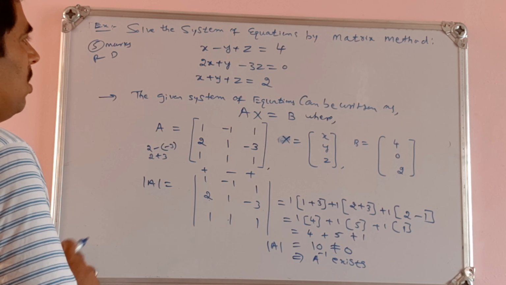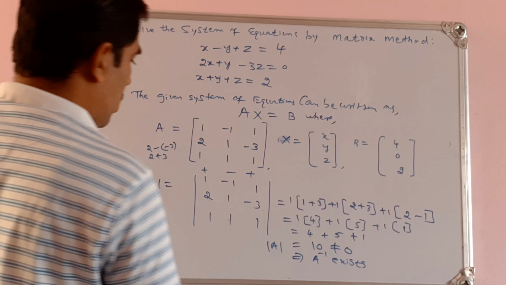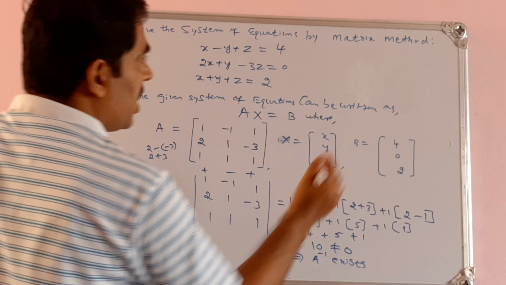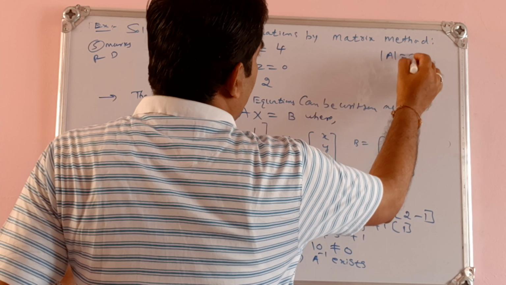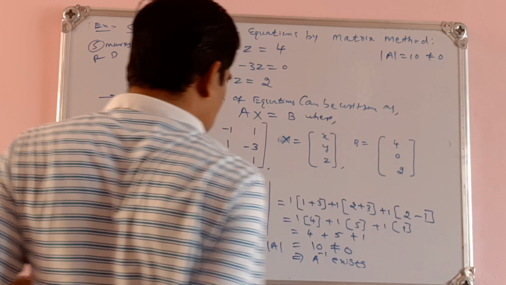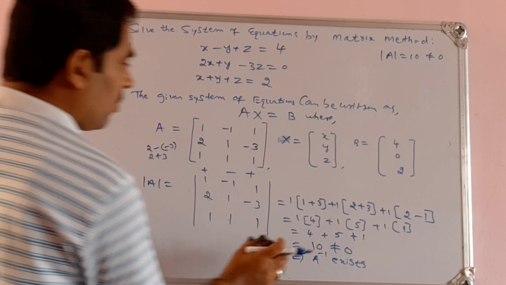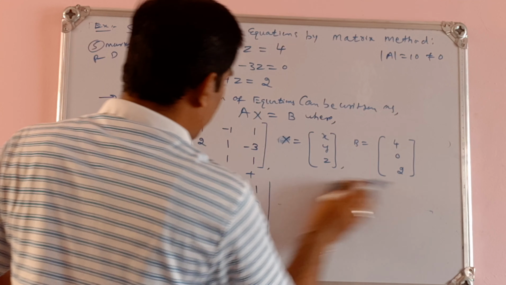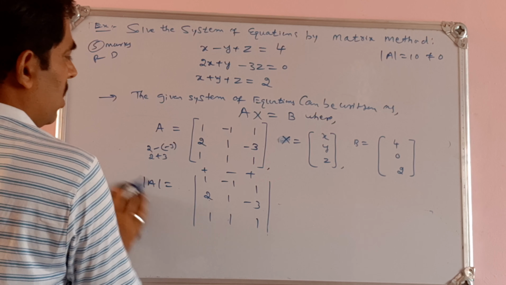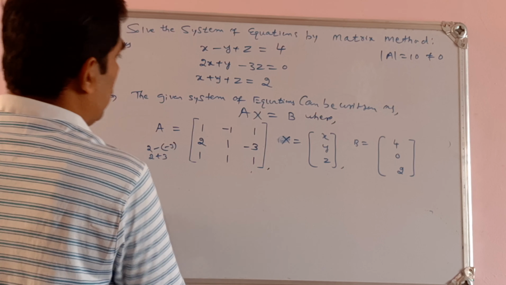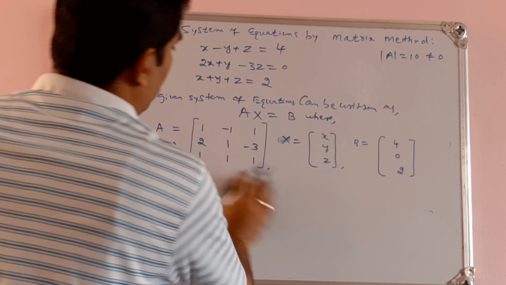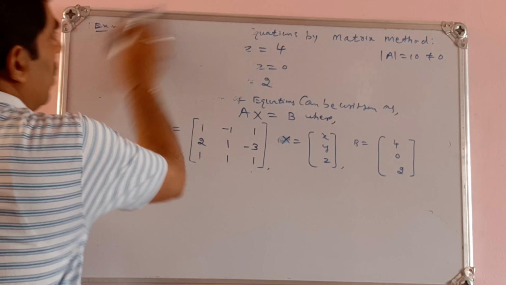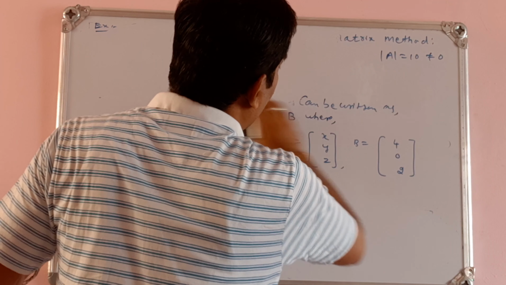Let us find the cofactors. The value of the determinant is 10, which is not equal to 0. So let us find the minors and cofactors. I will do it here.